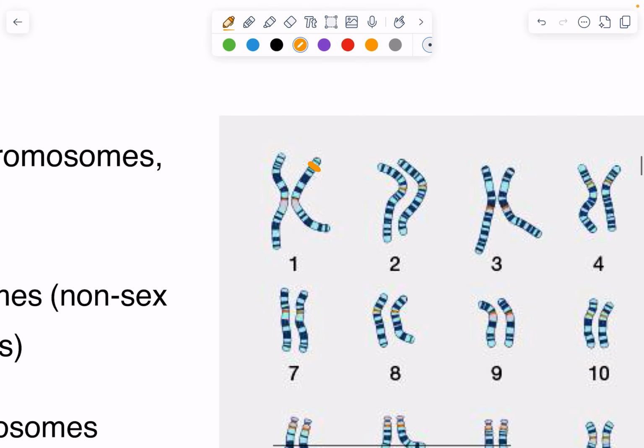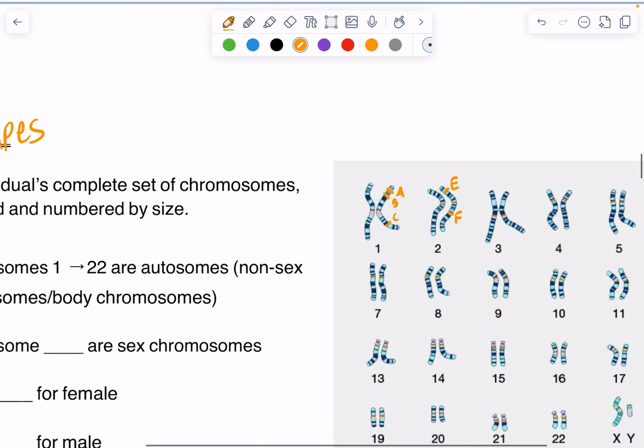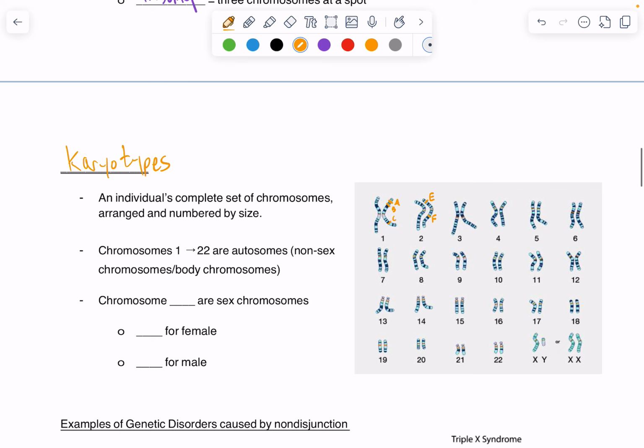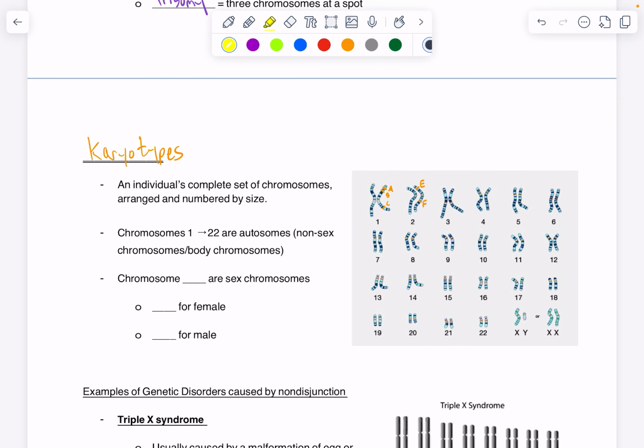There are the same genes on chromosome 1 for everyone, but that's not to say there aren't mutations that happen. Chromosome 2 has a bunch of different genes on it. And so you can start to get dominant and recessive alleles, and that's how you know what traits get expressed and which don't. And so chromosomes 1 through 22 are called autosomes, or non-sex chromosomes or body chromosomes.